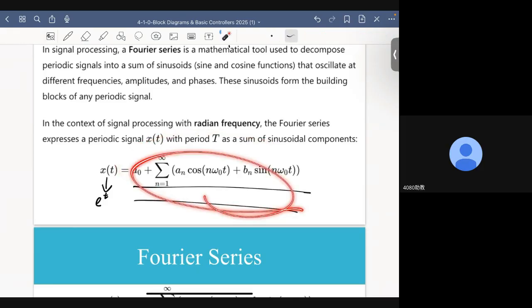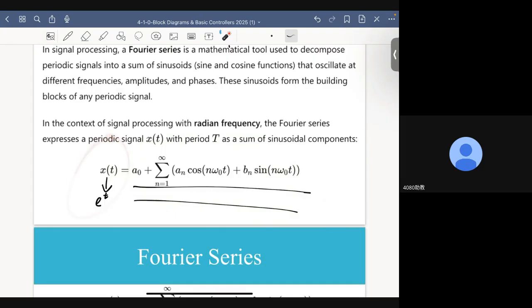Because when we need to deal with these Fourier series representations, we need to deal with an infinite number of terms, right? And that apparently increases the complexity of the entire process, okay?